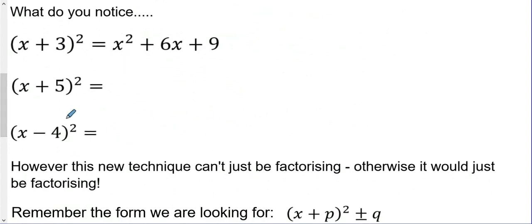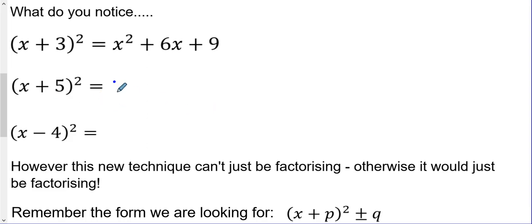So if we have a look at expanding these brackets, x plus 3 squared, we'll get x squared plus 3x plus another 3x plus 9, giving us x squared plus 6x plus 9.